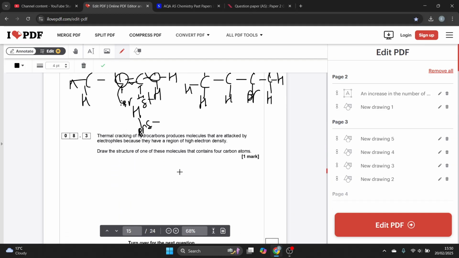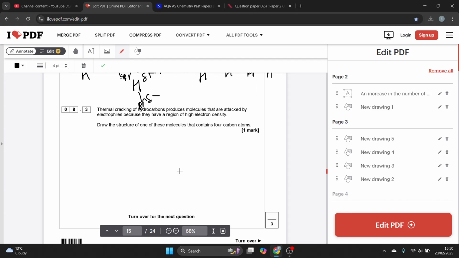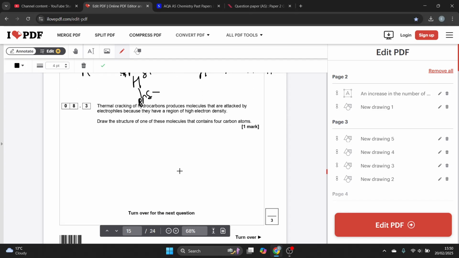Give a structure. Thermal cracking of hydrocarbons produces molecules that are attacked by electrophiles because they have a region of high electron density. Give the structure of one of these molecules that contains 4 carbon atoms. So we can draw but-1-ene, but-2-ene, any correct structural formula of an alkene with 4 carbon atoms. So yeah, let's do but-1-ene, but-1-ene.